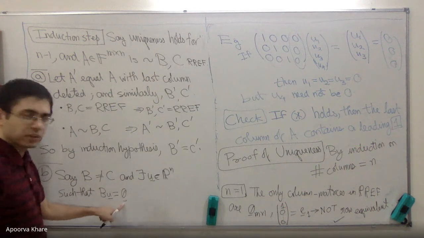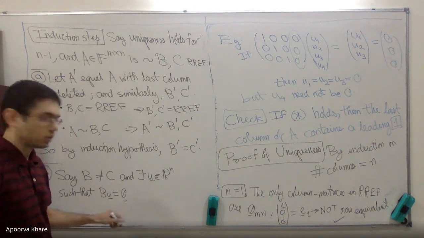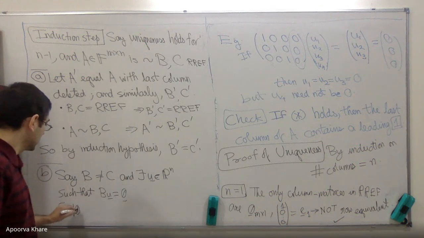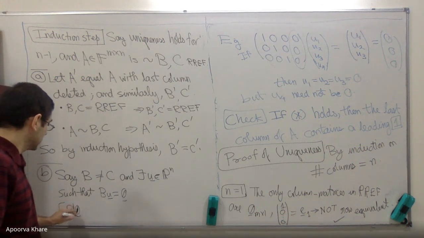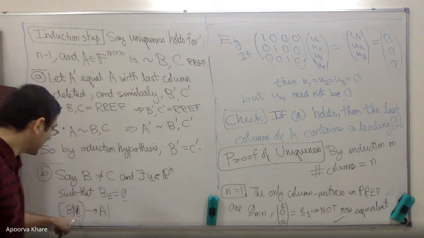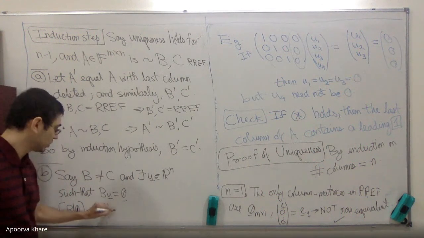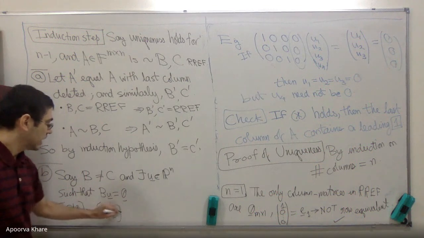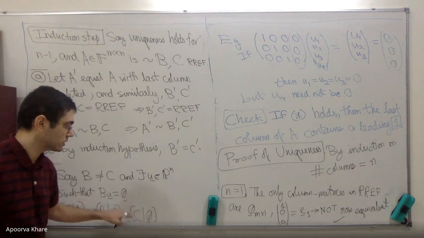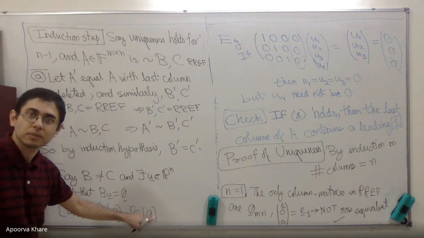If BU equals 0, then remember B comma 0. If you apply some elementary row operations, you would get to A comma what? Well, any row operations applied to 0 can only give you 0. So this is 0. Similarly, if I apply elementary row operations, I can get to the row reduced echelon form from C, but this column must still be 0.